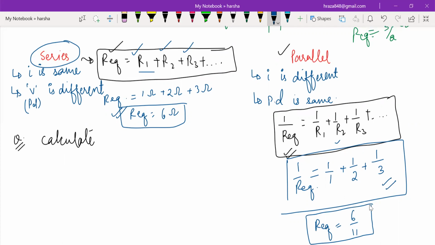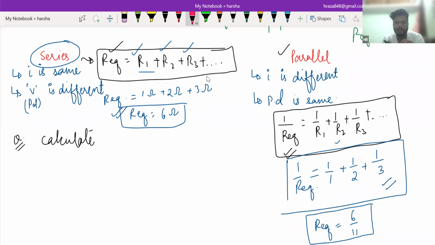Yes, sir. So what I want to say is that in parallel combination, the equivalent resistance will be smaller than the smallest individual one. That means the smallest is 1 ohm, then 2 ohm, then 3 ohm.